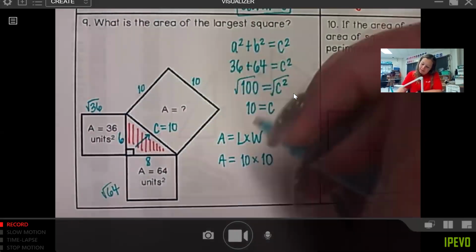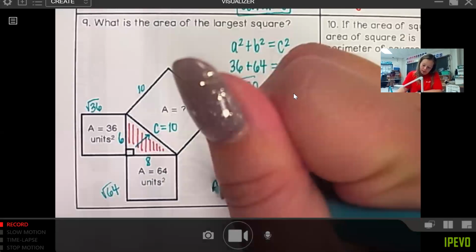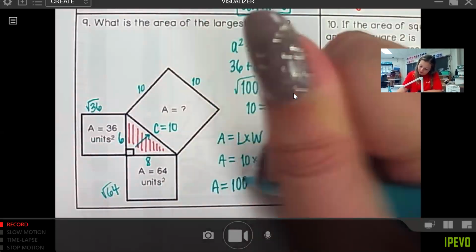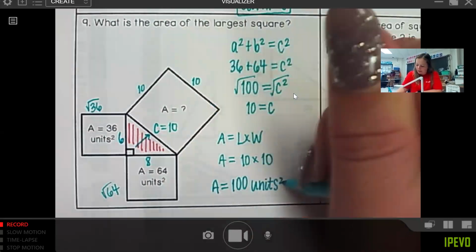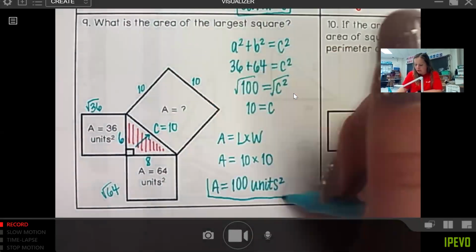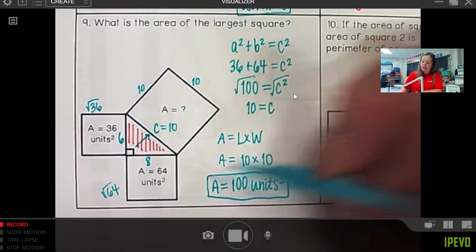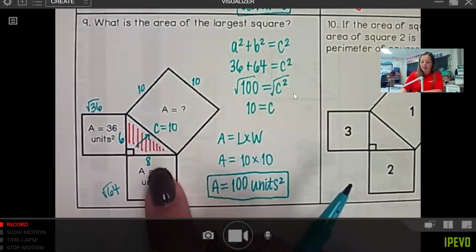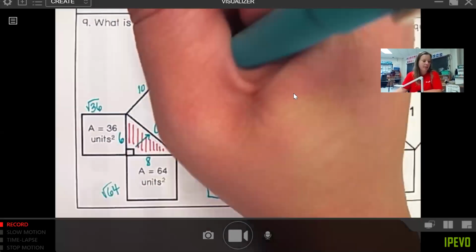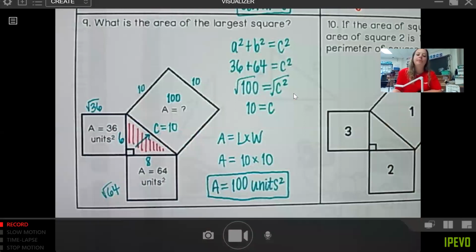And I would find out that my area is 100 units squared. Solving by the Pythagorean theorem, you would get 100 units squared. You can also add together from the beginning these two side lengths to get 100 right away, because 36 plus 64 gives you 100.